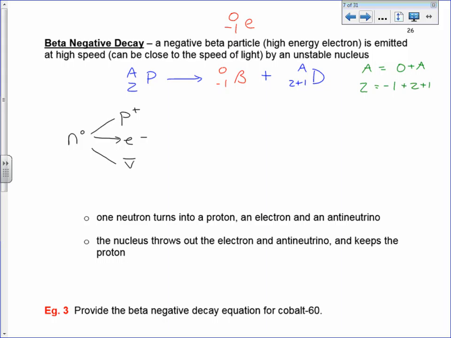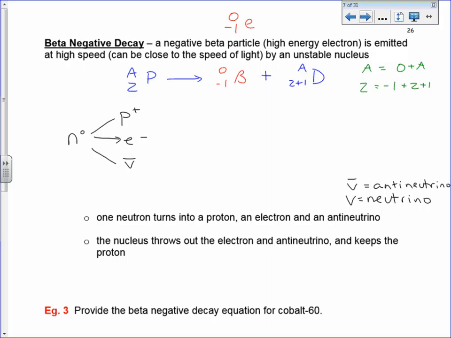An antiparticle is signified by the line on the top. You'll see that when we do the positive electron, which is an anti-electron. So V would be neutrino, and V with a line above it is antineutrino. So we have this neutron becoming a proton, an electron, and an antineutrino.